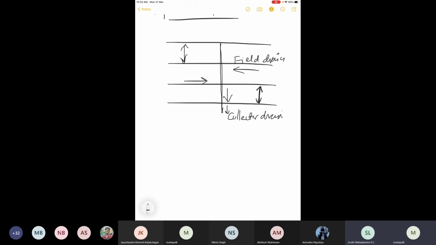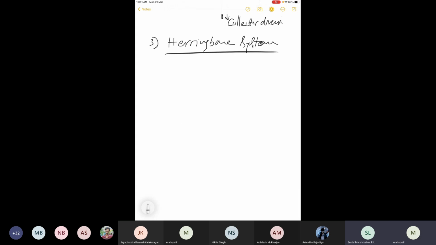And the third one is the herringbone system. So in this, I already showed you the schematic, but basically the field drains join the collector. So if this is the collector, the field drains are going to join at some angle, just like a fish bone, you see.